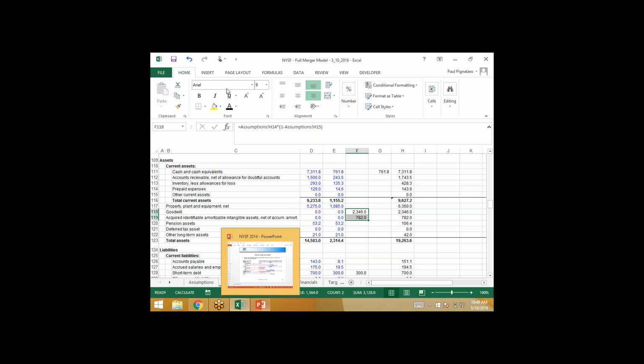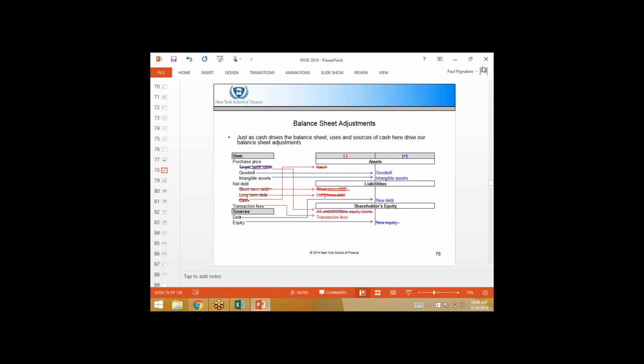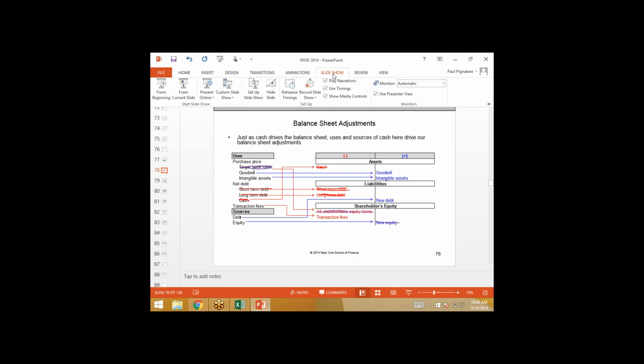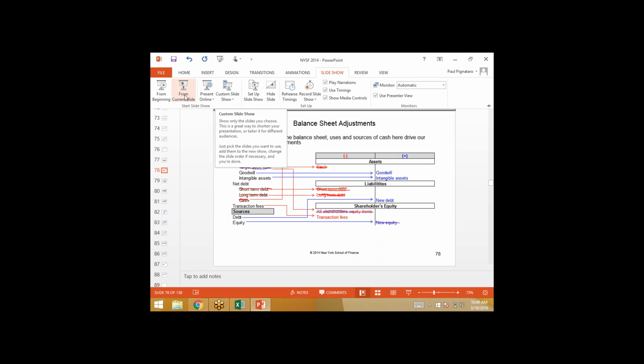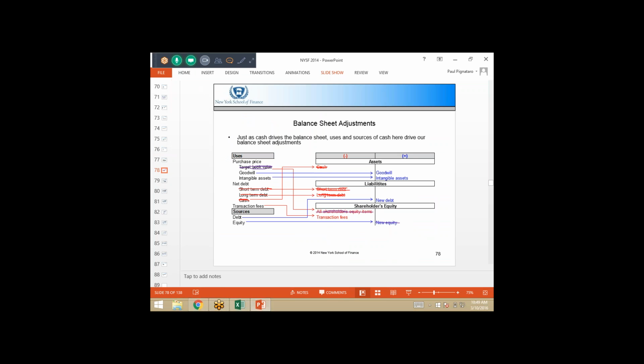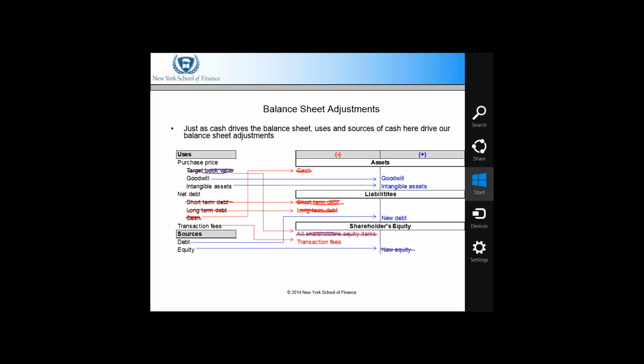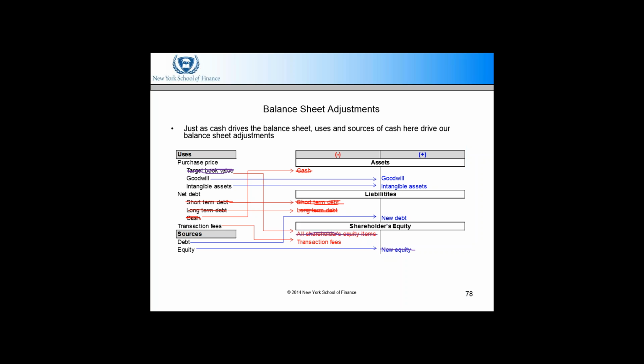So we have, what's next? We have effectively handled equity.